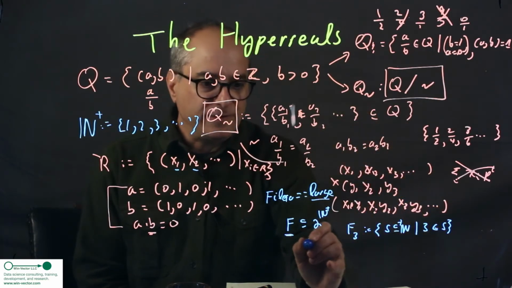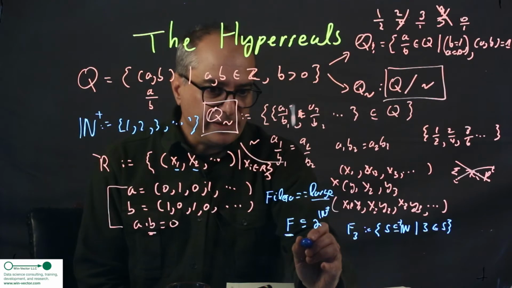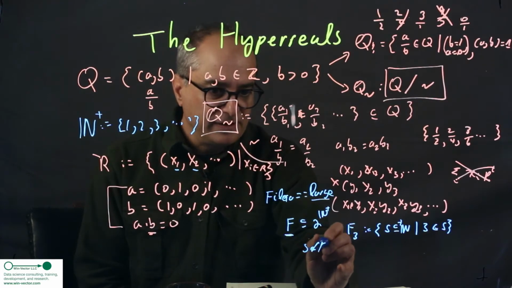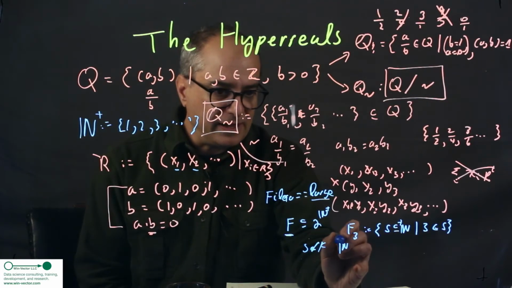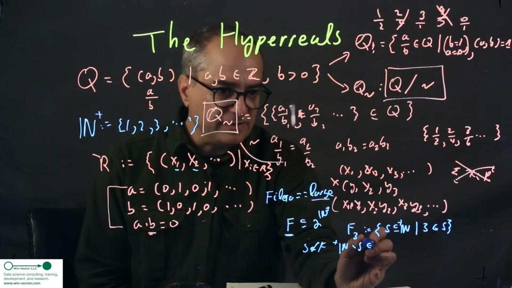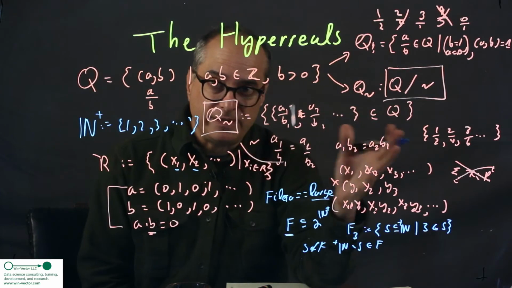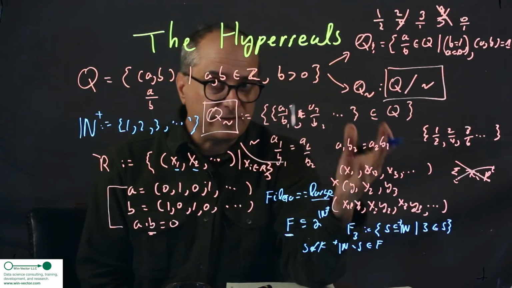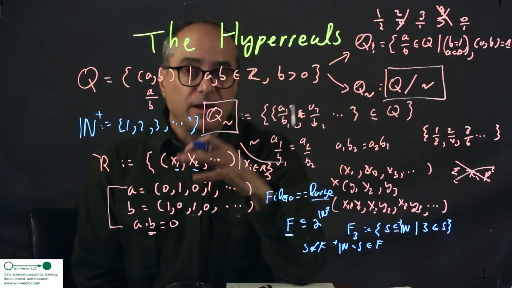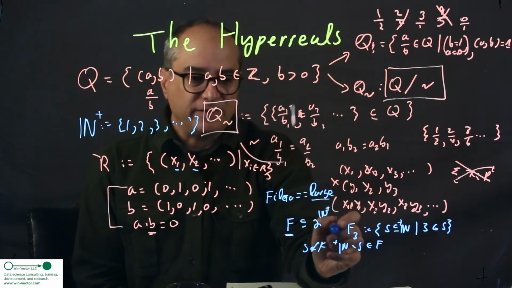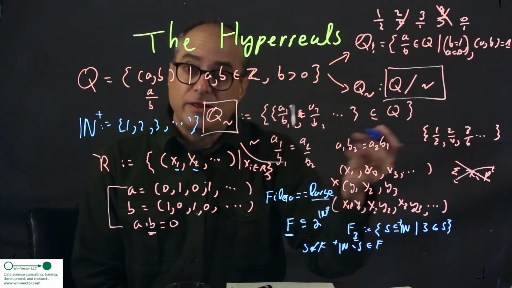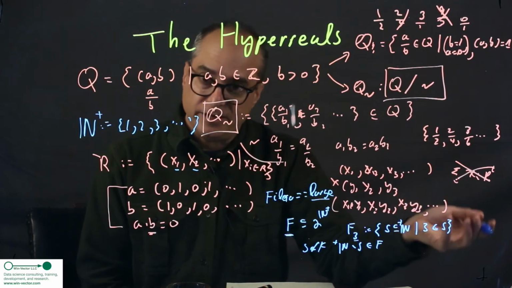So if S is not in F, then N minus S is in F, the complement's in the filter. So basically, any way you split the natural numbers into two sets, one of the sets is large and one of the sets is small by the filter accounting. And it says basically you're large if and only if the number 3 is in you.